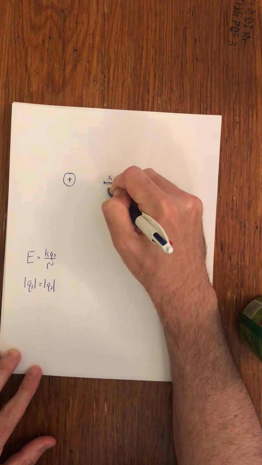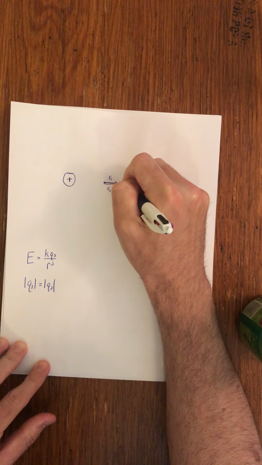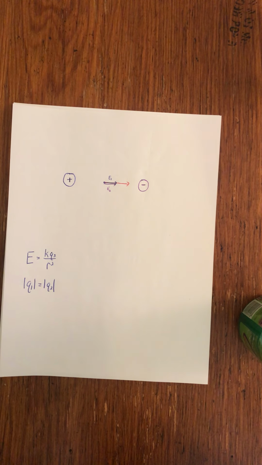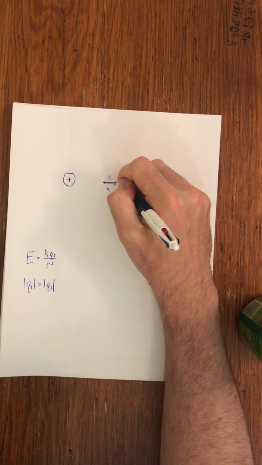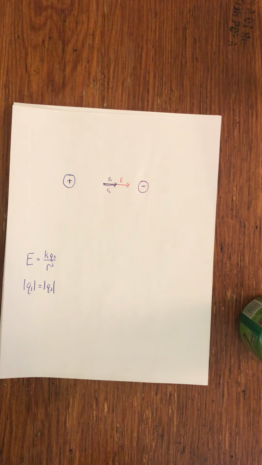So there we go. That's E2. And so what's the vector addition of them? Since they're both acting to the right, I'd have a longer vector to the right, and that would be the E net at that point, which I'll just say is capital E, for the electric field at that point.